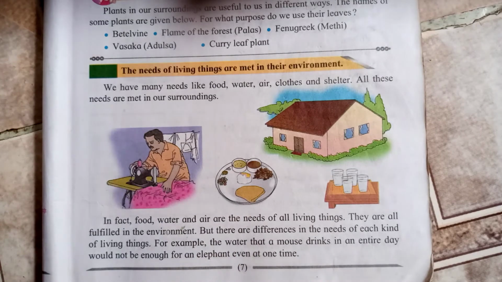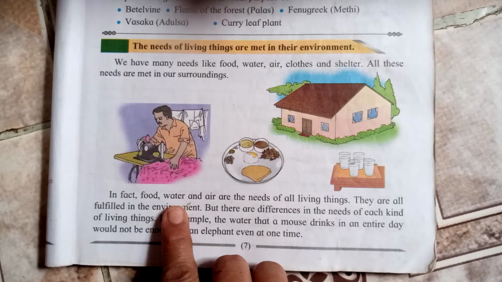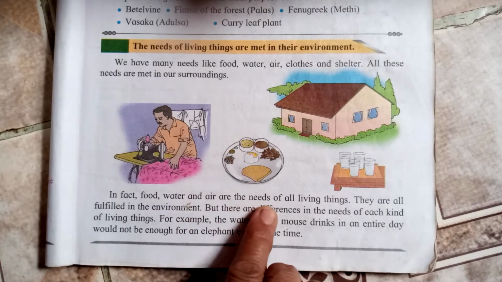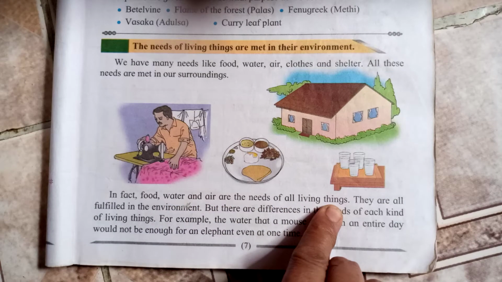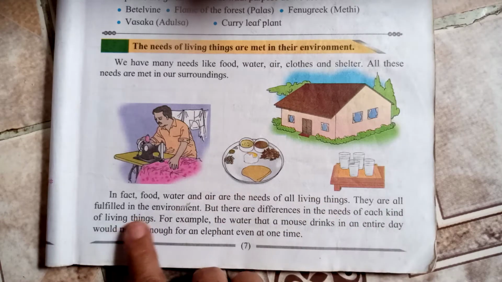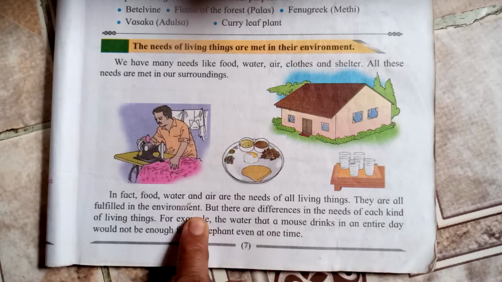And cloth also we get from plants. In fact, food, water and air are the needs of all living things. For all living things in nature, food, air and water are very important. They are all fulfilled in the environment. Whatever is important for us, we get from our environment.